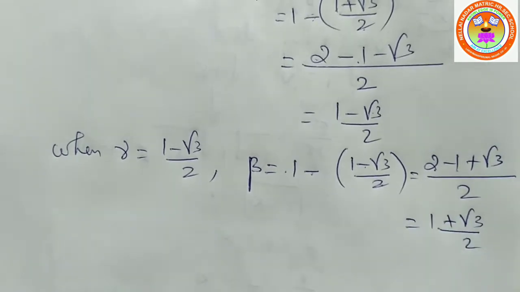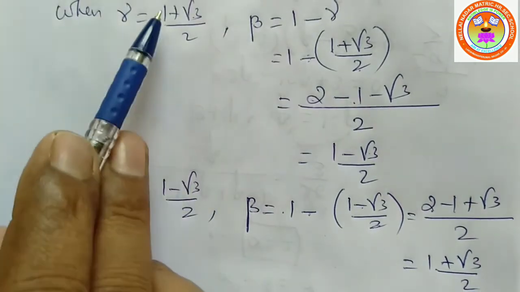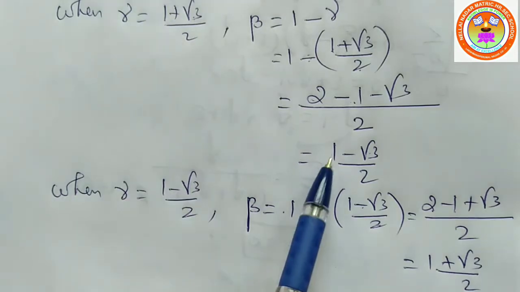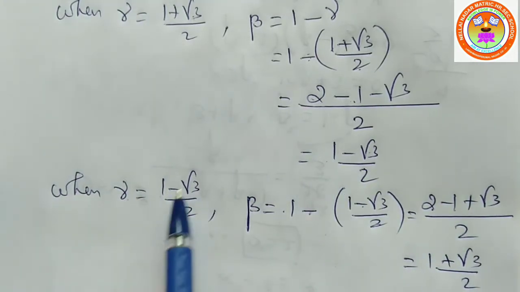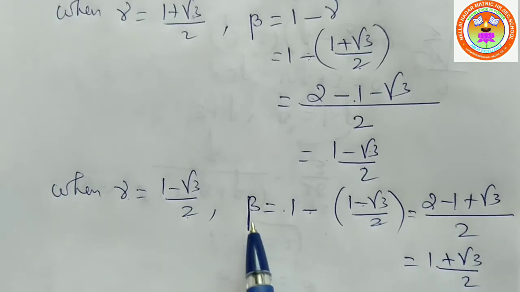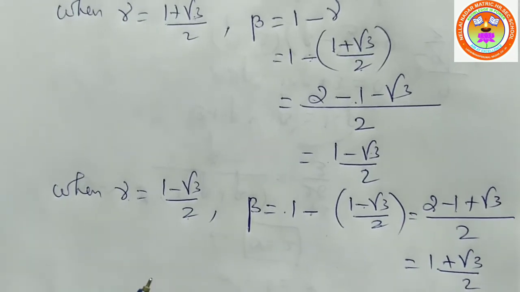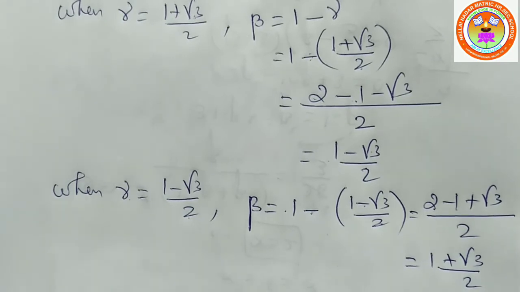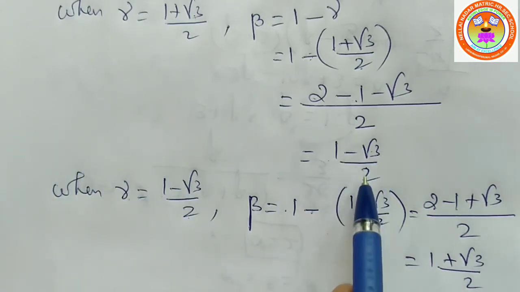So anyhow, if we apply one value of gamma, 1 plus root 3 by 2, we are obtaining 1 minus root 3 by 2. If we apply gamma is equal to 1 minus root 3 by 2, we are getting beta as 1 plus root 3 by 2. So we can choose any one. Either gamma is equal to 1 plus root 3 by 2, then beta is becoming 1 minus root 3 by 2.